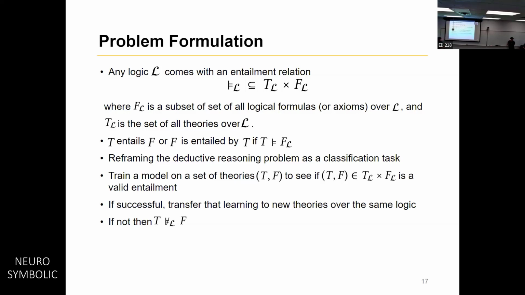So what the authors do is they assume that the given knowledge graph is the theory and the queries are the formulas. And whenever they ask a question through the query, they're asking whether or not the query is entailed by the knowledge graph.